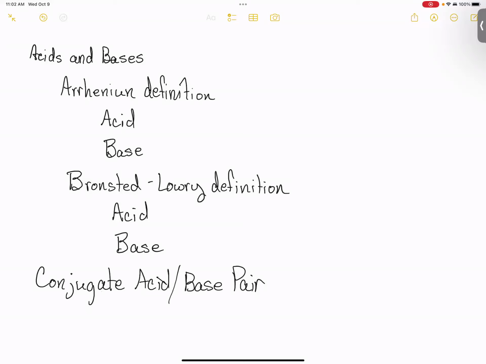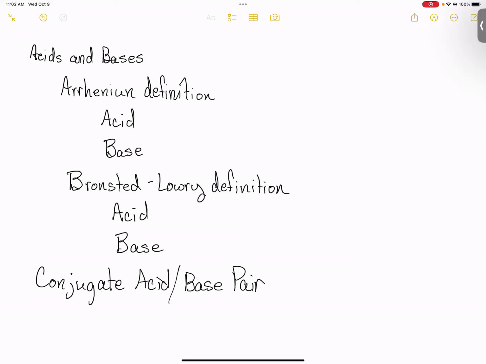Finally, we'll hopefully get into determining which direction the reaction is most likely to proceed given the strength of the acid and base. So that is the goal for today. It's all about definition, conjugate acid-base pair, and then finally acid strength.